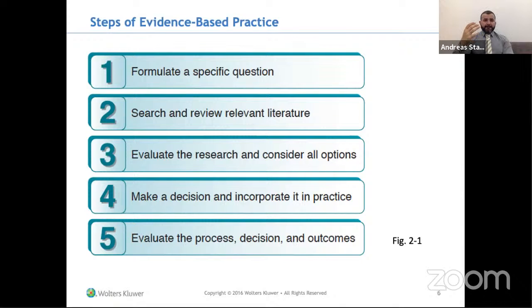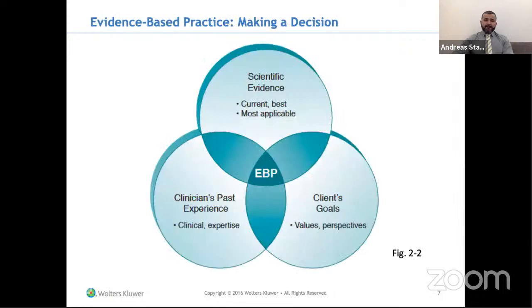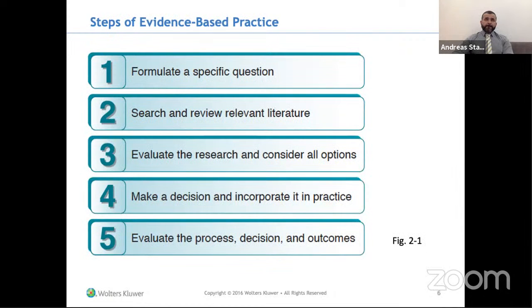You see that the very first thing you have to do is formulate a specific question. This is very similar to when you have a research question to conduct research. In this one, we're talking about what I need for my specific case, my client.